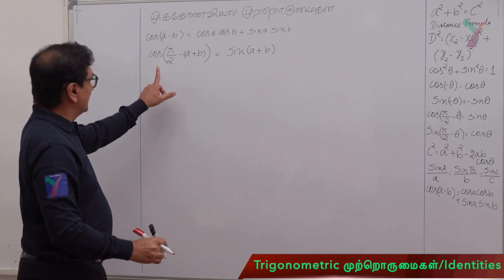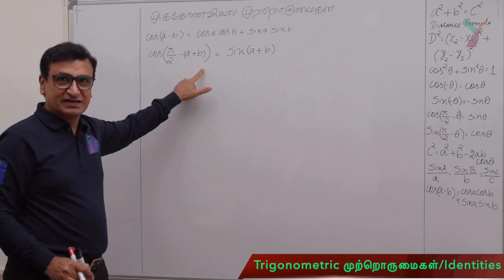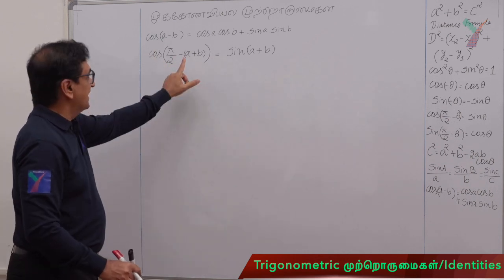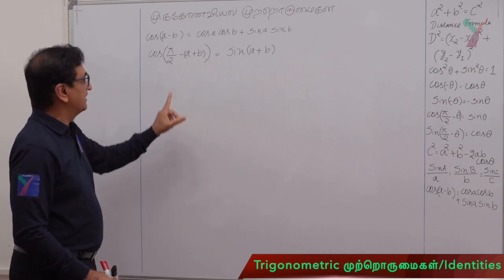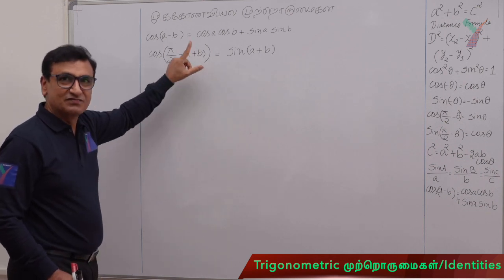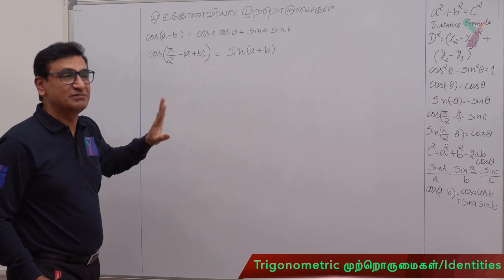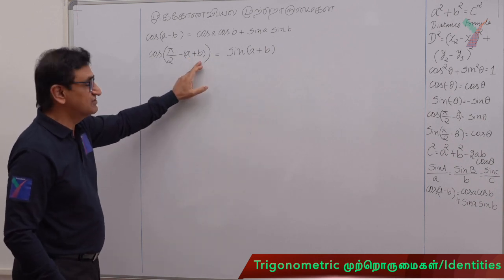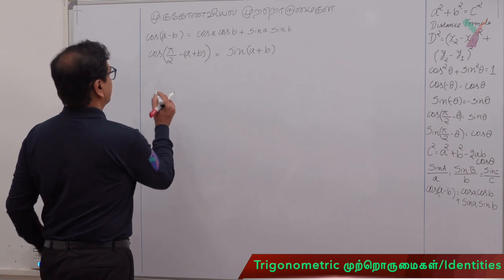அதே மாதிரி இந்த pi by 2 minus (a plus b) இருக்கு இல்லையா, இதை மாத்தி எழுதுறேன். இந்த bracket-ஐ நான் இப்படி போடுறேன்னு வச்சுக்கோங்க. pi by 2 minus a within brackets minus b, because if I take this minus inside, this will become minus b. Correct? I'll tell you how to do it.